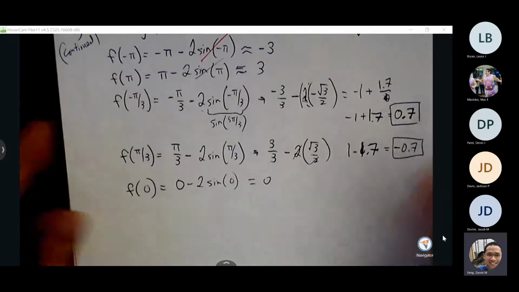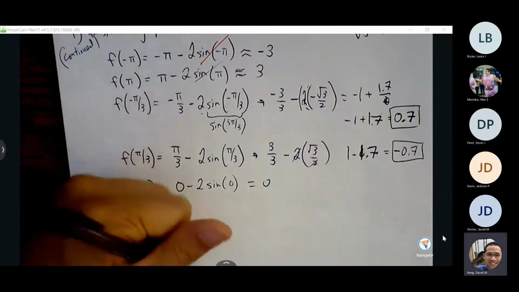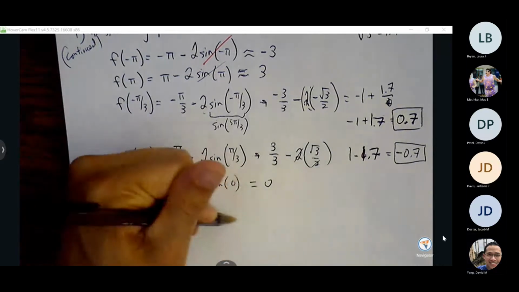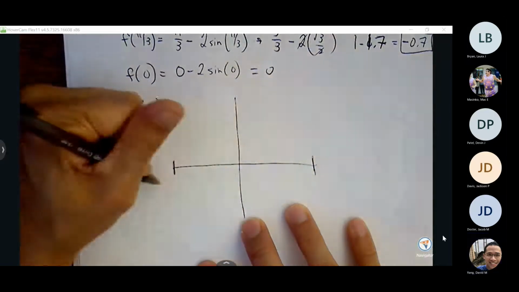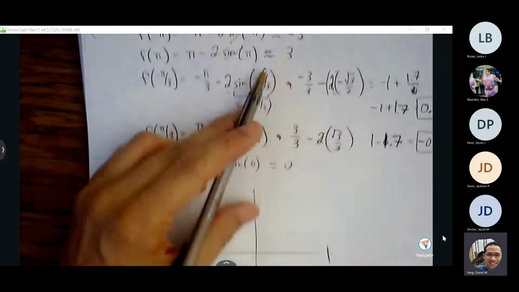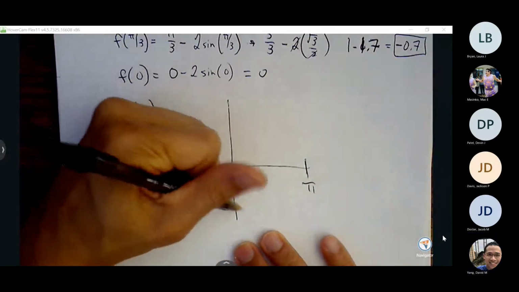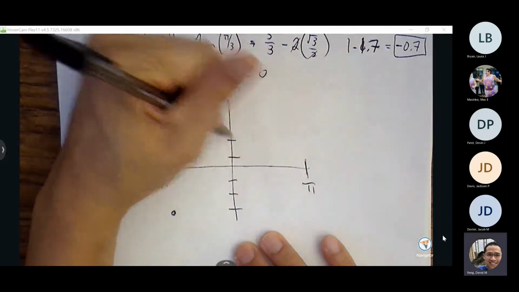Okay, let's sketch our graph. Going from negative pi to pi. Okay, negative pi is going to be all the way down at negative 3. Pi is going to be at 3.